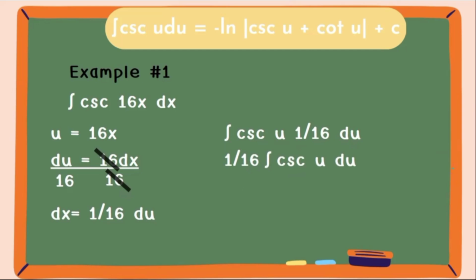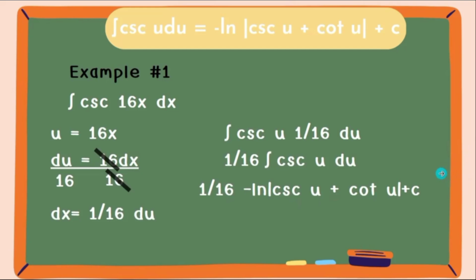After that is, alamin lang natin kung anong formula ang gagamitin natin. And ang gagamitin natin ay yung negative ln absolute value of cosecant u plus cotangent u plus c. And now, we have 1 over 16 negative ln absolute value of cosecant u plus cotangent u plus c.